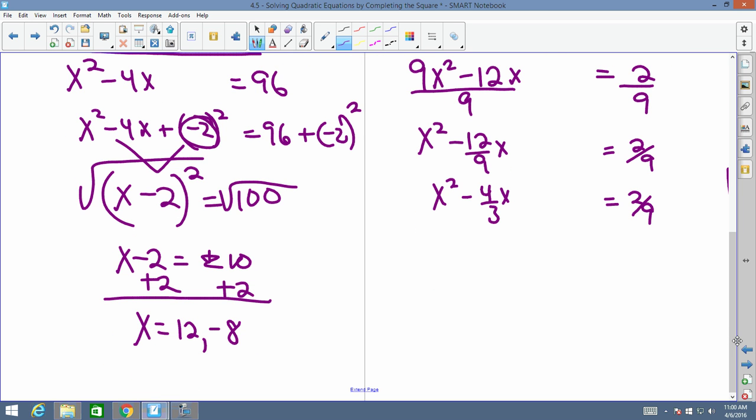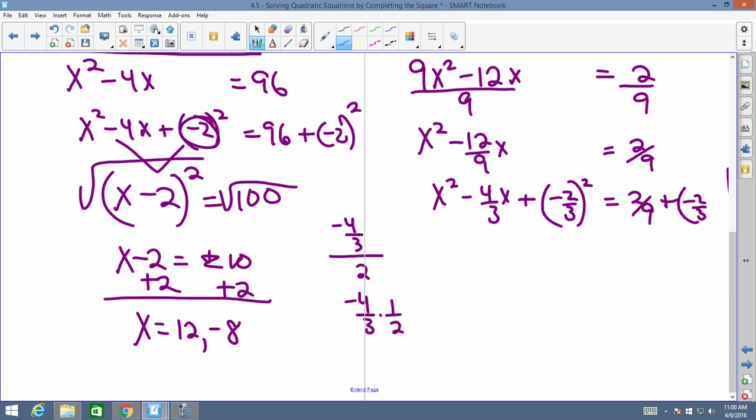Pay attention to this. My b in this case is negative 4 thirds. So b over 2, you're really multiplying by 1/2. So this gives you negative 2 thirds squared to both sides. So plus negative 2 thirds squared to both sides. This creates a perfect square binomial of x minus 2 thirds squared.